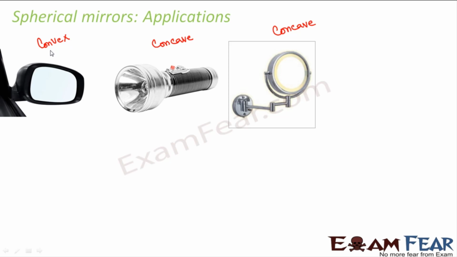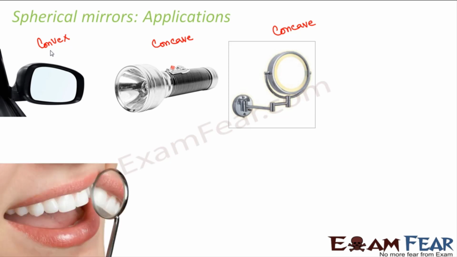So we cannot use a concave mirror in this case, because while you are driving, it is not necessary that the vehicles behind will always be very far off. So a convex mirror is better, firstly because it gives diminished images. At the same time, it also gives virtual, erect images. For rear view mirrors, a convex mirror is a better choice.